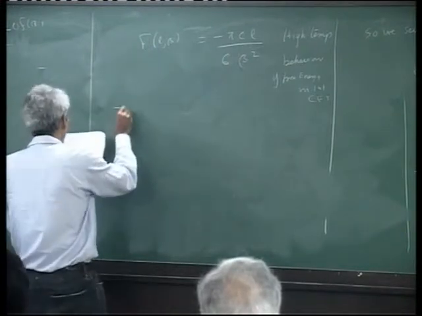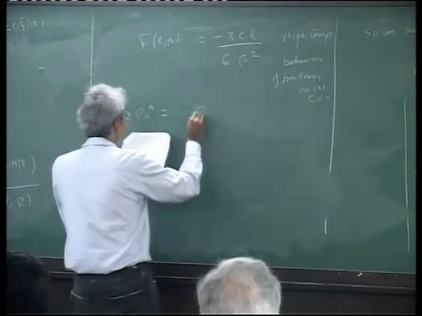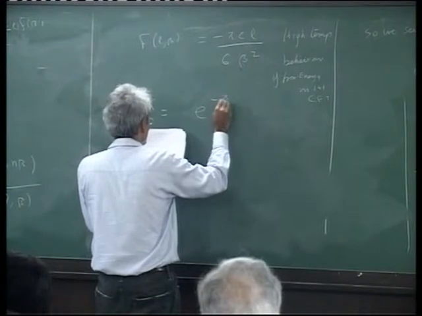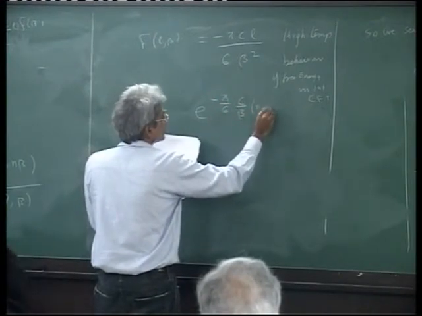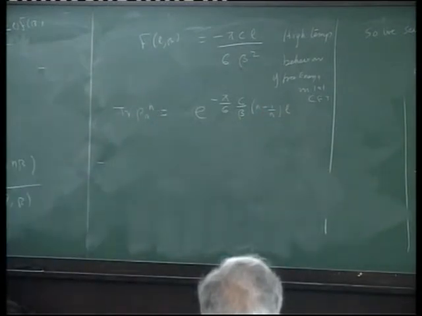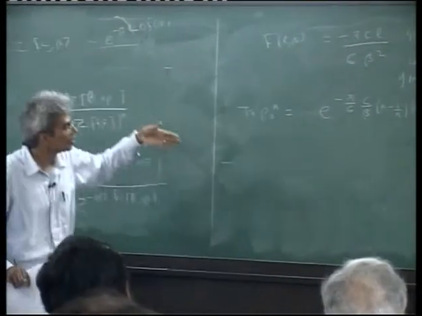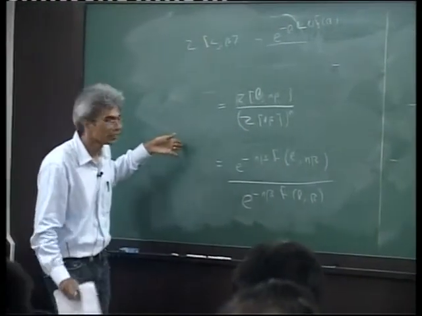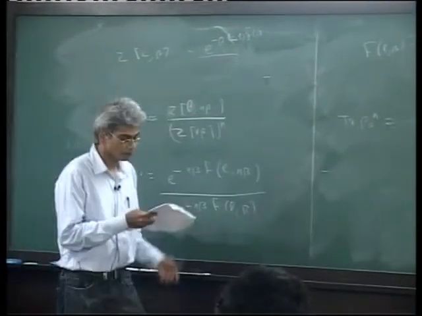So you get trace of rho a to the n is e to the power of minus pi by 6 C by beta, n minus 1 by n, L. You can see how that comes because this n beta and the other one has n beta squared downstairs, and this 1 by n comes because of that, and here there is n beta, and that's the expression.